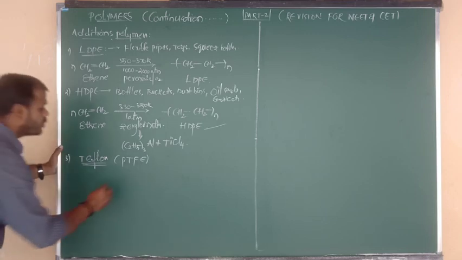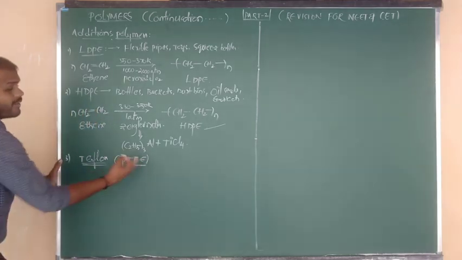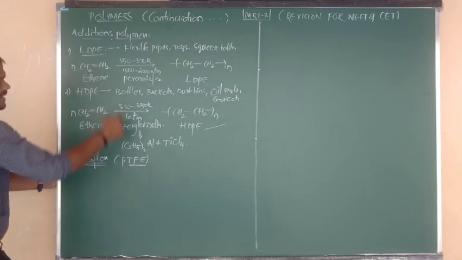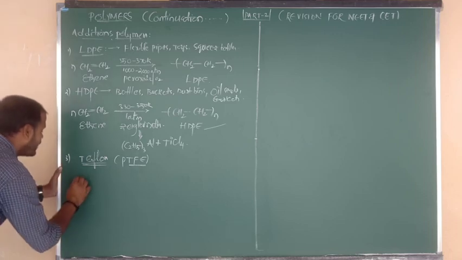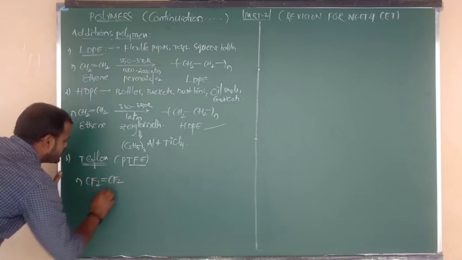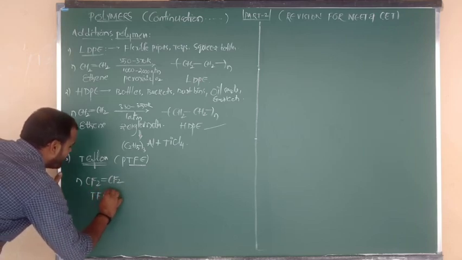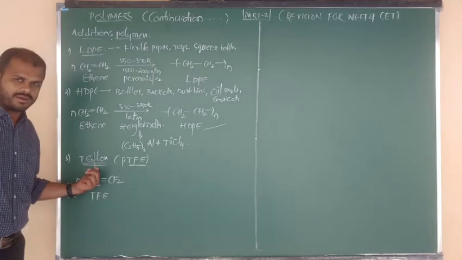In Teflon, what is the monomer? The monomer is TFE, tetrafluoroethene. This is ethene, and here tetrafluoroethene, where all 4 hydrogens are replaced by fluorine. So the structure is n moles of CF2=CF2. This is called TFE, and it acts as the monomer. What is the monomer of Teflon? TFE.